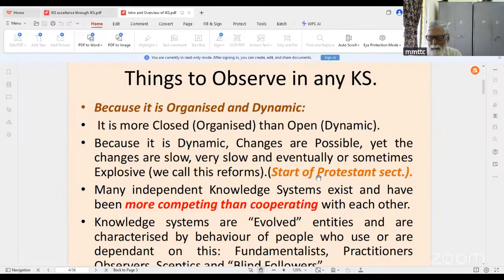I'm sure you can come up with your own examples. One example one can look at is how the Protestant sect in Christianity started. Little over 400, 500 years of modern Christianity eventually led to tremendous amount of protest, and that's how the Protestant sect came about.